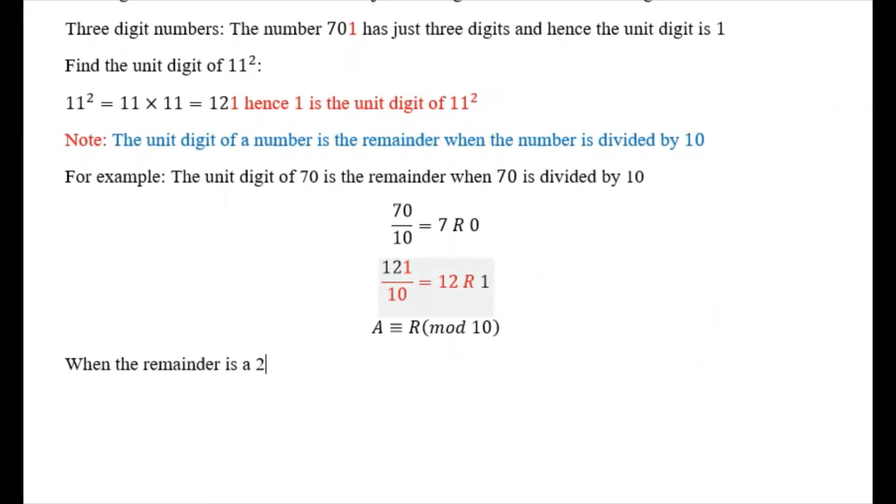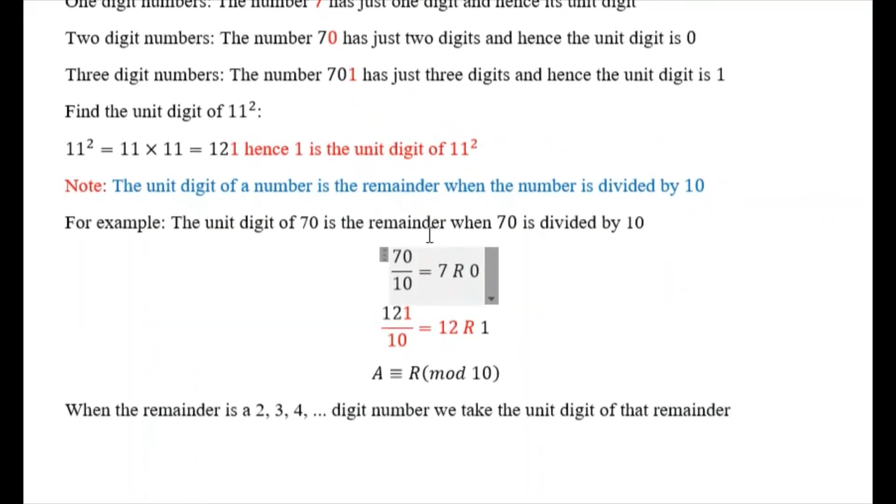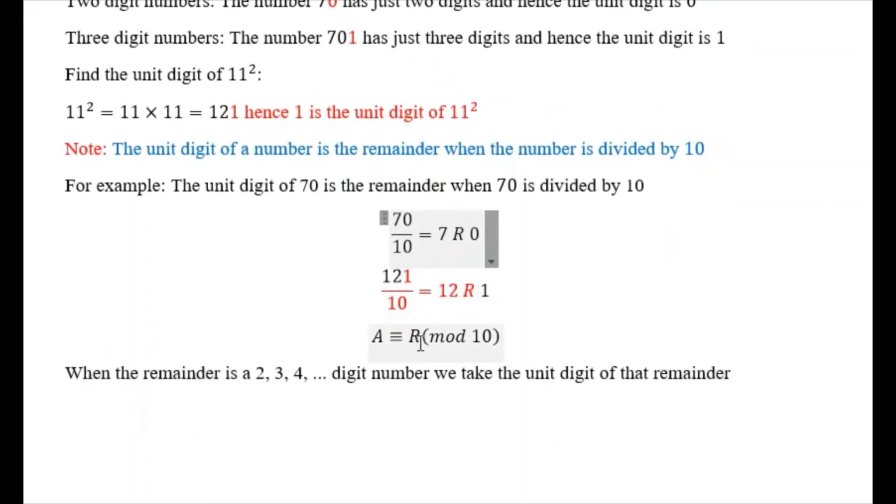That is why I began by showing how to find the unit digit of numbers where you can see all their digits, so that if your remainder is a 2-digit number, you can know how to get the unit digit from the definition of what the unit digit of a number is.